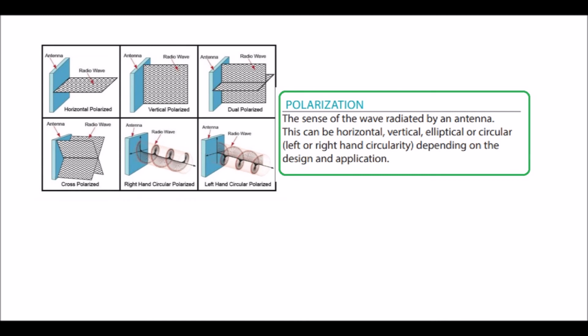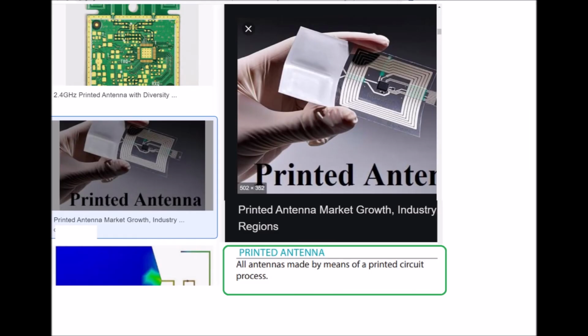The sense of the wave radiated by an antenna. This can be horizontal, vertical, elliptical, or circular, left or right hand circularity, depending on the design and application. Printed antenna. All antennas made by means of a printed process.